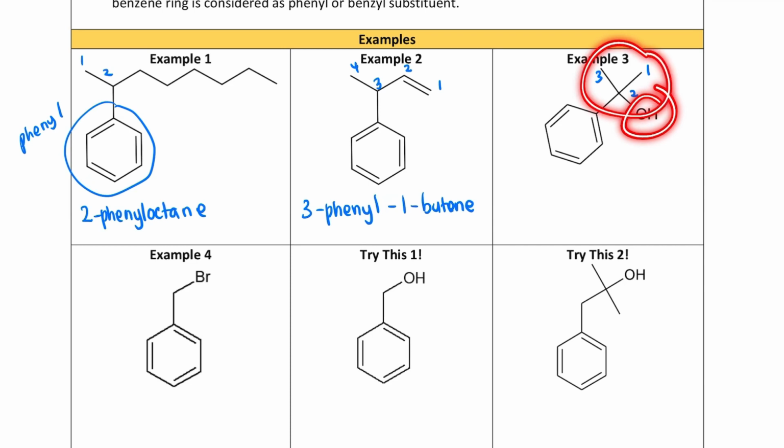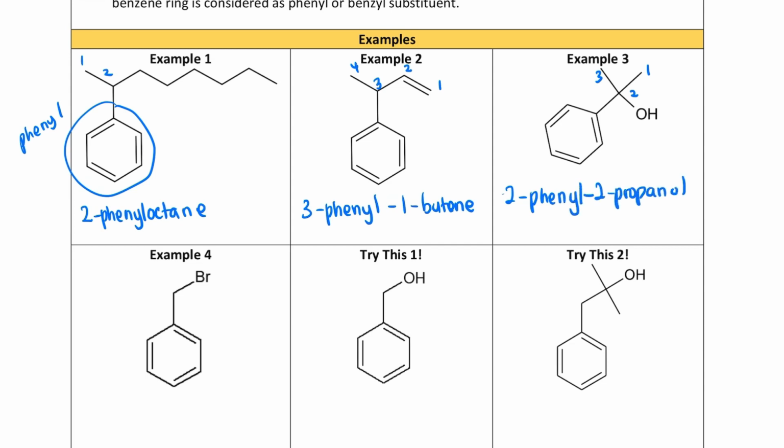So parent dia adalah propanol. Okay, and the position of OH is at carbon number 2. So 2 propanol. Okay, and then ada benzene juga sebagai substituent dekat carbon number 2. So nama dia 2-phenyl 2-propanol. Okay, so maksudnya ada OH dekat carbon 2, ada phenyl dekat carbon 2 juga. Okay. Alright, so settle.